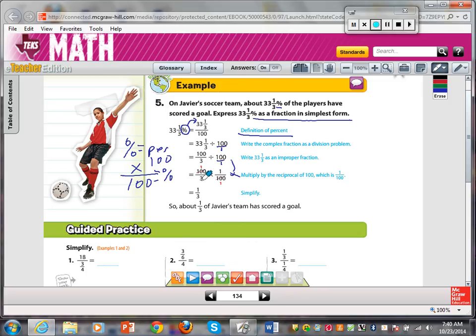So now you end up with 1/3 times 1 over 1, which is the same thing as 1 times 1 is 1, and 3 times 1 is 3. So it's 1/3. Okay? So about 1/3 of Javier's team has scored a goal. So remember, in order to get rid of this percent sign, you must put all this over 100. And from there, everything should look very similar. Okay? That's enough for this.